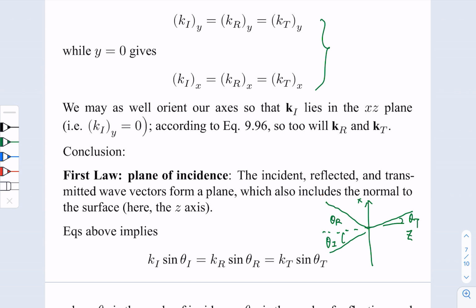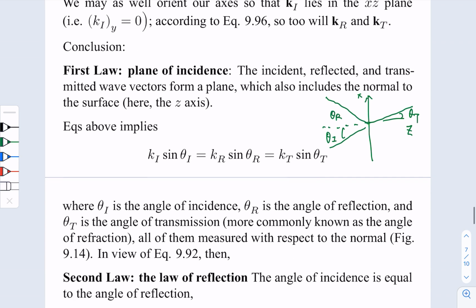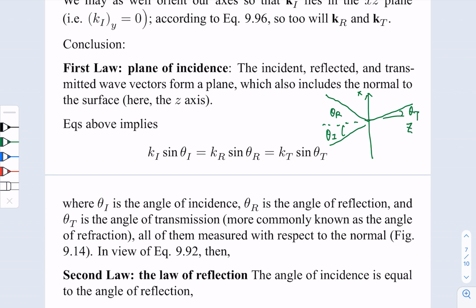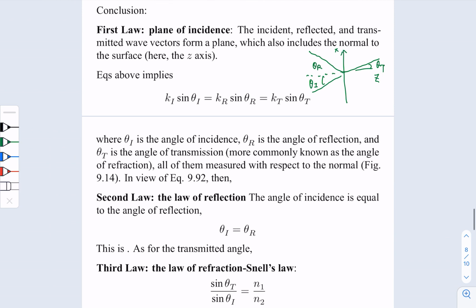Because the incident k and the reflected k must share the exact same amplitude, the sine of the incident angle and the sine of the reflected angle must be equal to each other, which means theta i must be equal to theta r, which gives you the law of reflection.